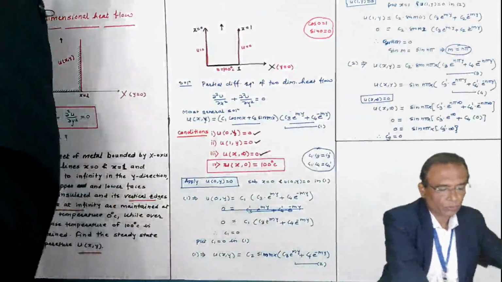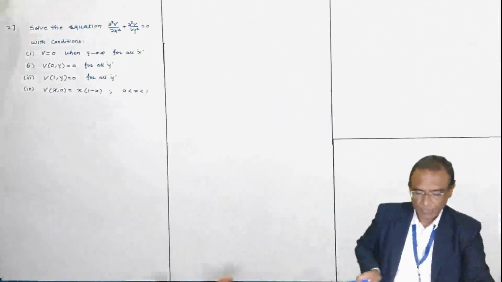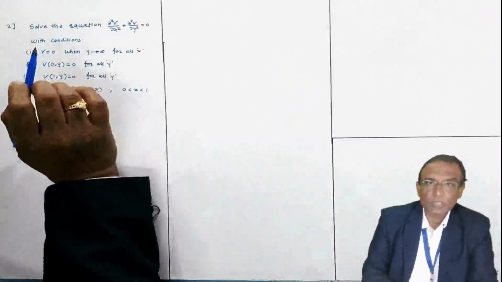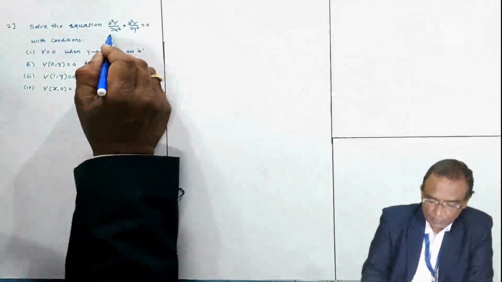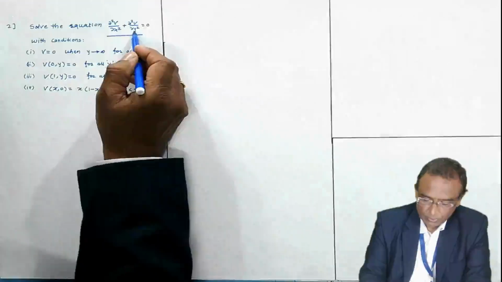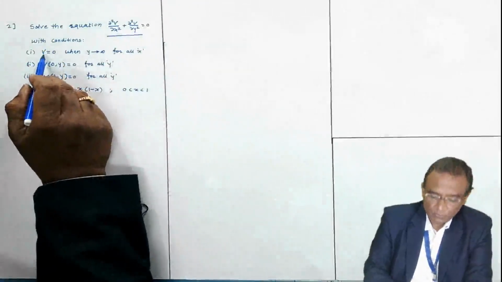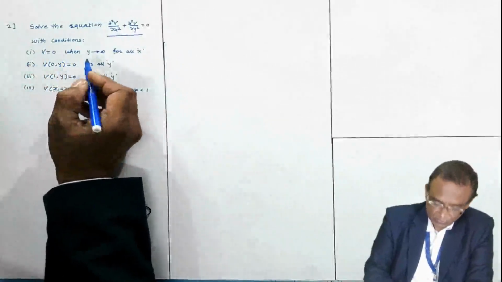Now, very quickly, the second problem we are going to solve. See, this is the second one. Here the question is very simple. Solve the equation. This is the two-dimensional heat flow partial differential equation. Conditions given: V is 0 when y is infinity.